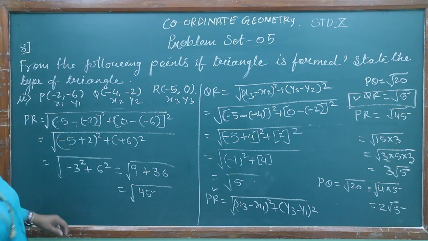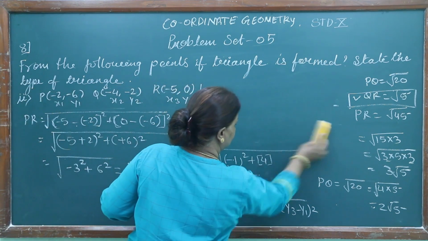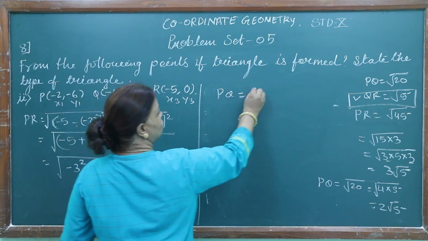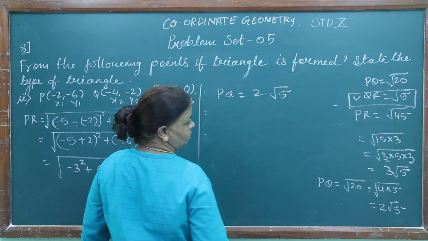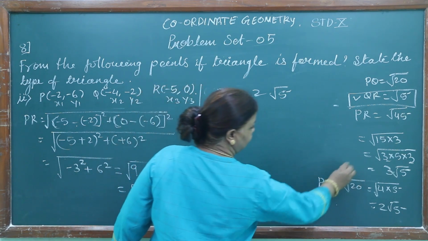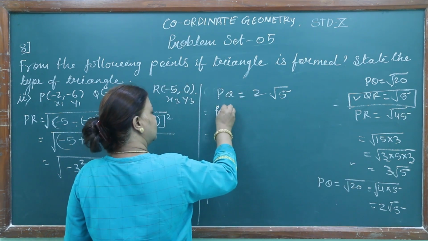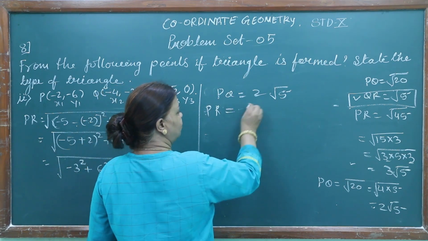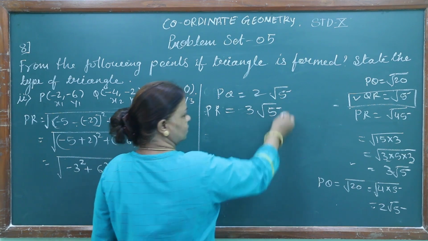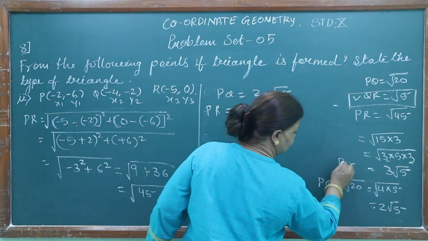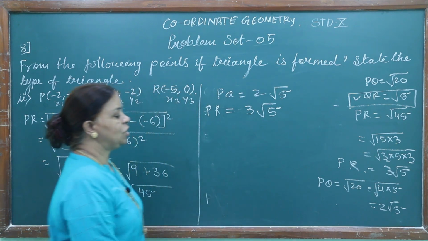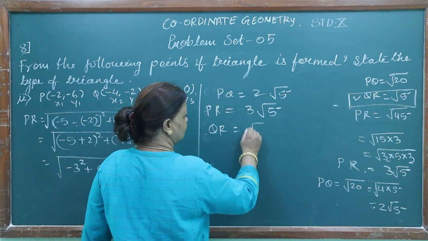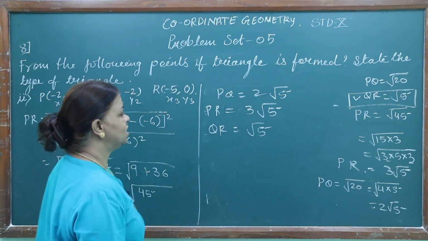Children, see here now. Let me rub this. See, PQ is 2 root 5 and PR is 3 root 5. This is PR, na? PR is 3 root 5, PQ is 2 root 5 and QR is root 5. Now which is the largest one?